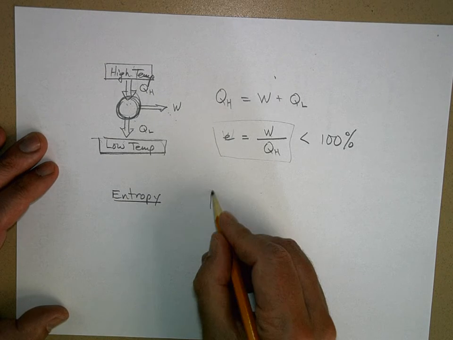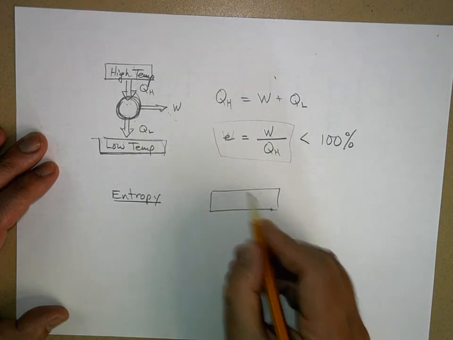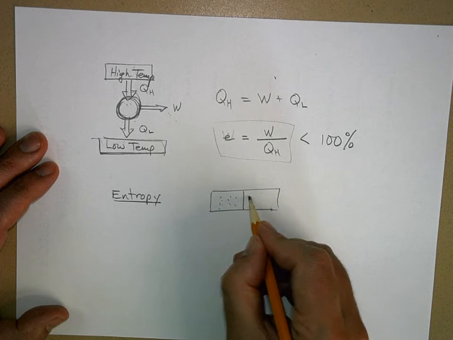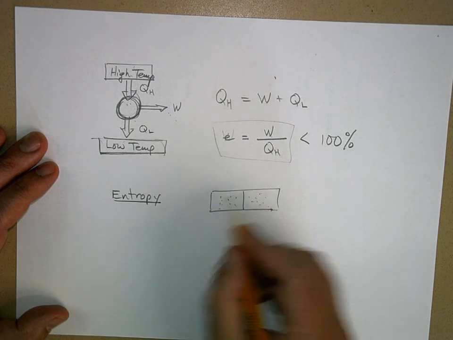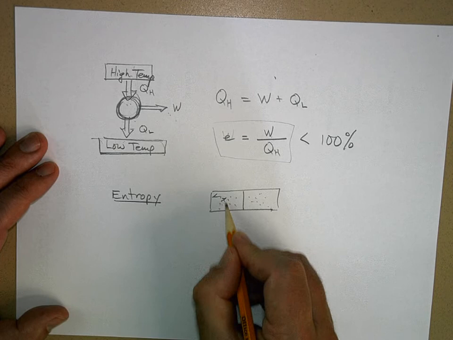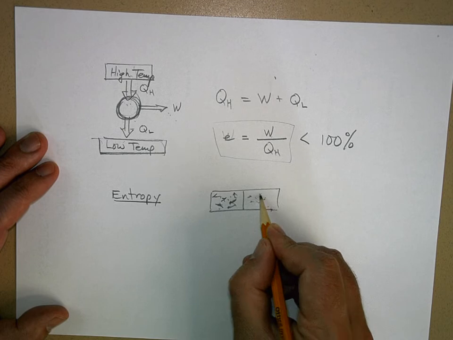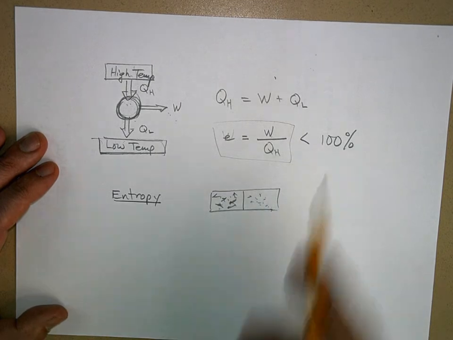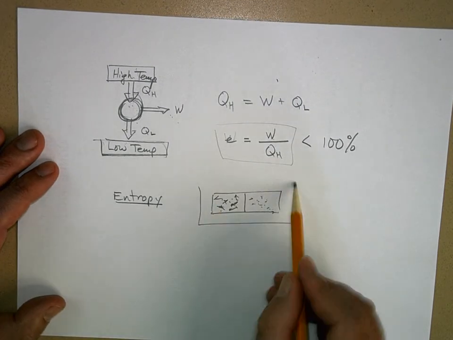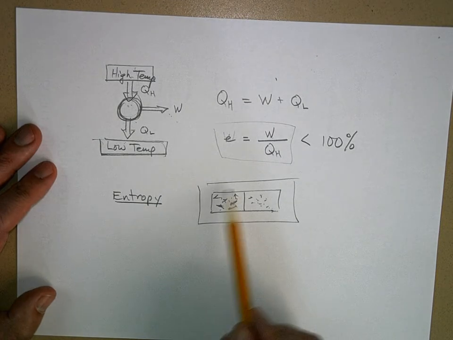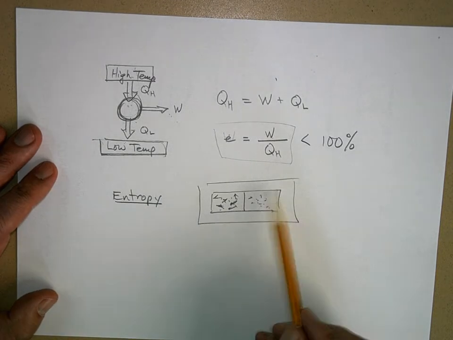If I took my high temperature stuff that I had before, here's high temperature stuff and here's low temperature stuff. So these molecules are moving really, really fast. These molecules are moving really slow. This, in so many ways, is a very unlikely occurrence, isn't it? It's very organized. All the high temperature molecules are over here. All the low temperature molecules are over here.